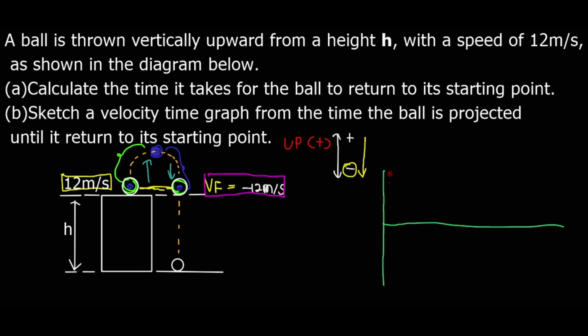We always put velocity in meters per second on the y-axis, and time in seconds on the x-axis. From here on the y-axis, because this object's initial speed is 12 and positive, our initial speed is over here.